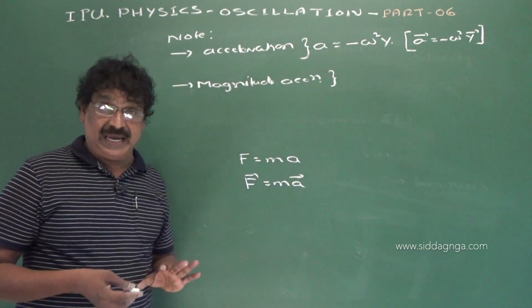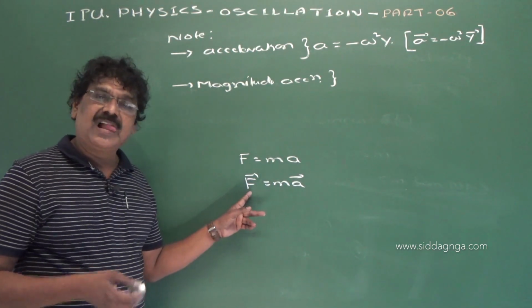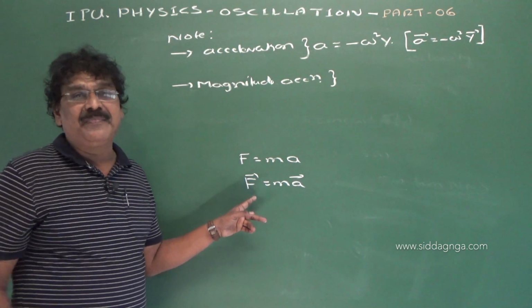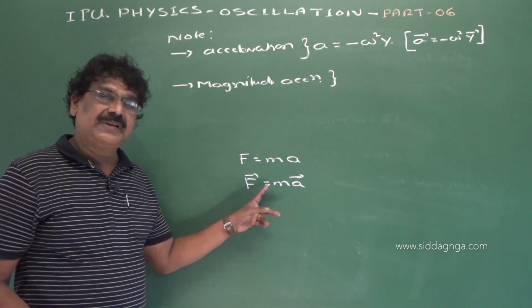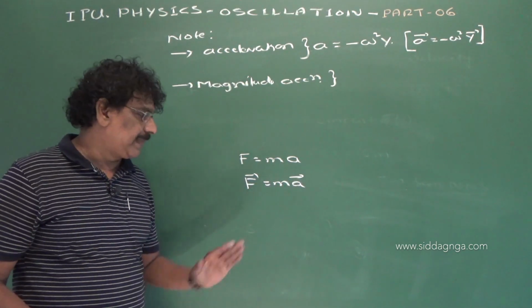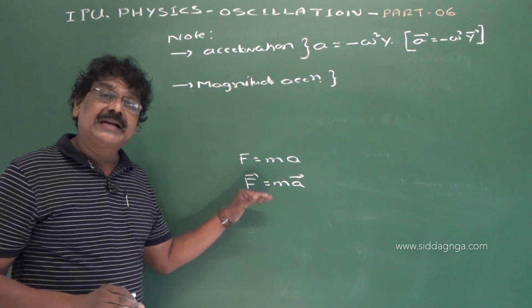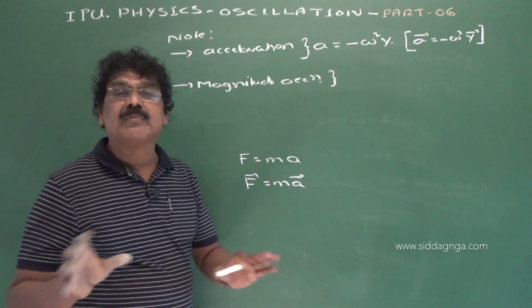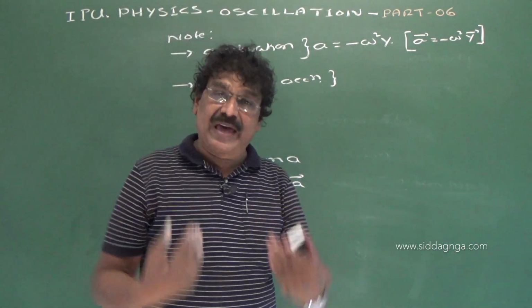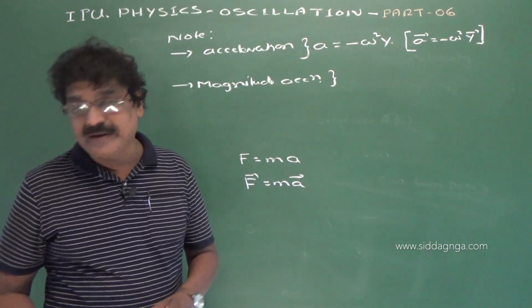It gives only the magnitude. But this is the vector form of the same law, vector F is equal to m into vector A. Then it is associated with both magnitude and direction.